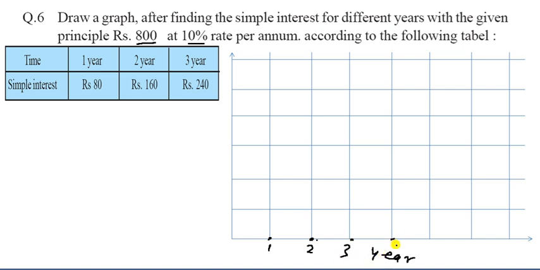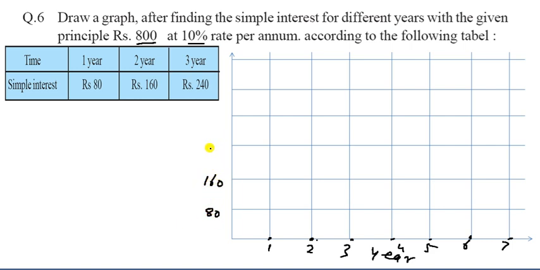Time is given on the x-axis: 1 year, 2 years and 3 years. So here you can write year. Here is 1 year, 2 years, 3 years, 4 years, and this one is 5 years.